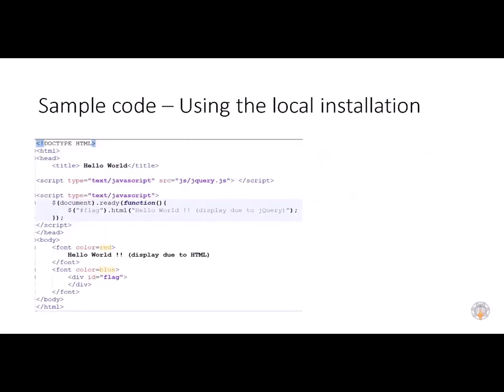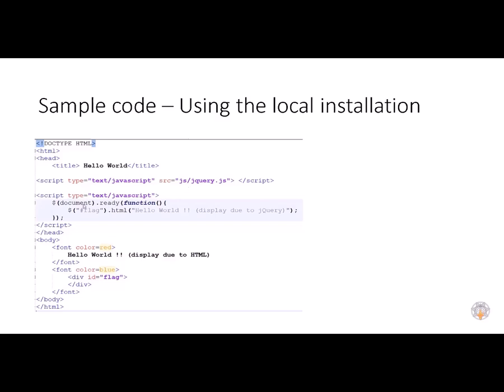This is a sample code using the HTML. As you can see over here, in the script tag, we have shown the source as js/jQuery.js. This means that jQuery.js is kept in a folder called js on your local drive.